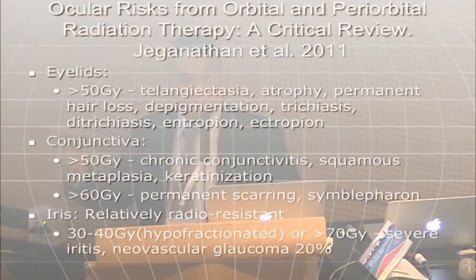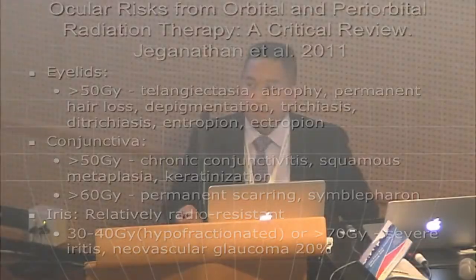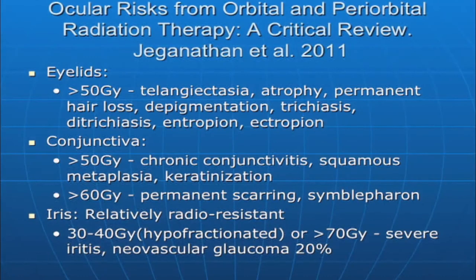So to supplement the QUANTEC data, Dr. Jagannathan from Australia and his group gathered all the most recent published data to look at normal structures, specifically looking at ocular tolerances. In looking at the eyelids, greater than 50 gray causes these complications.